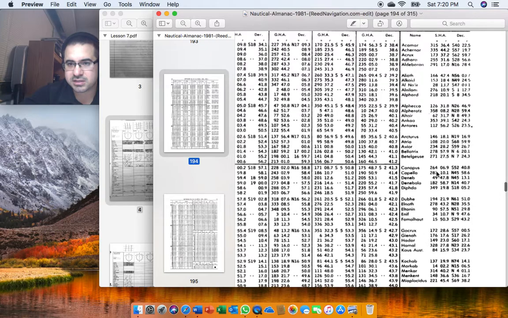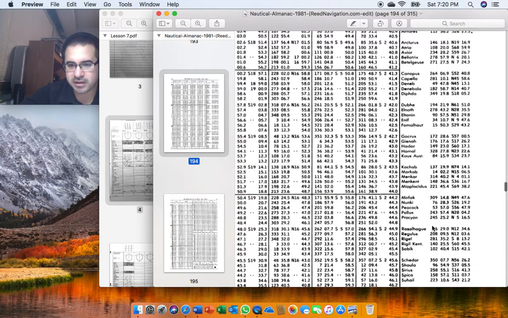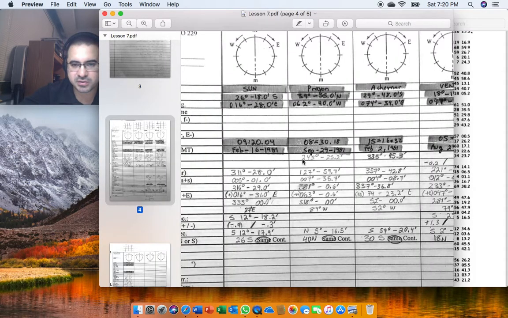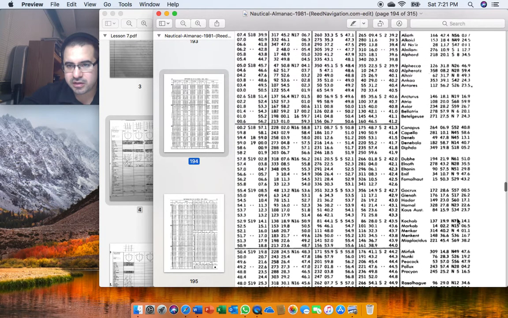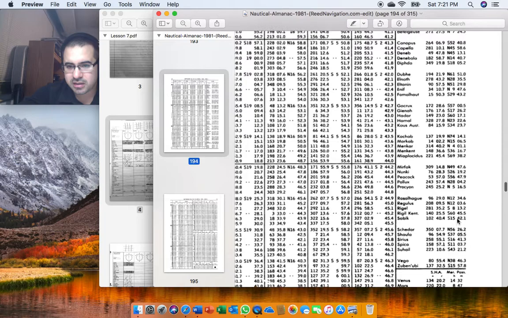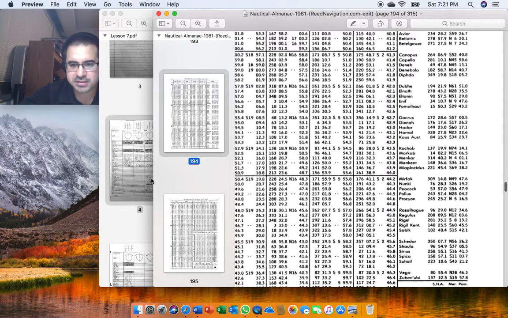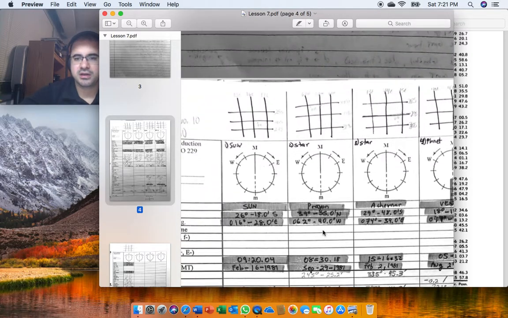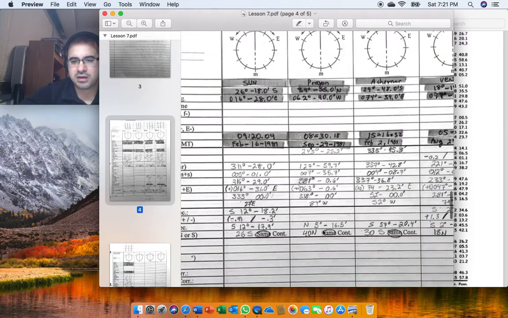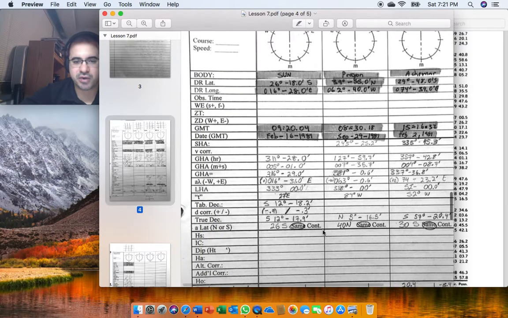So you see it's SHA and declination, right? So we are going to 245, 25.2, 245, 25.2, and your declination, it is north 16.6, north 16.6 for the stars, and for the stars you don't do corrections.